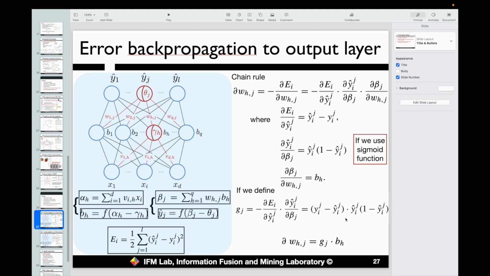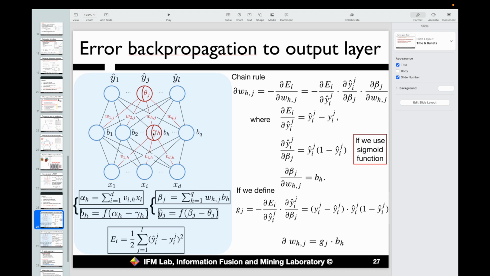So by this GI, which can be directly calculated by both the ground truth and the output of neurons, combined with the remaining term, we can define the partial derivative with respect to the parameter w to be GI times BH. You can follow me, right? This GI is related to the output layer, either the ground truth or the output layer representation. This BH is the output of the hidden neuron.